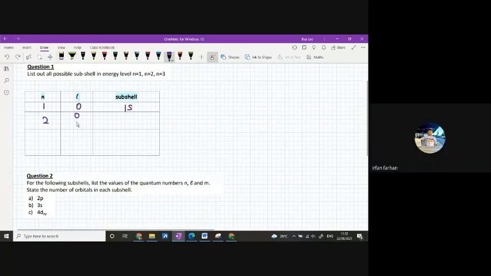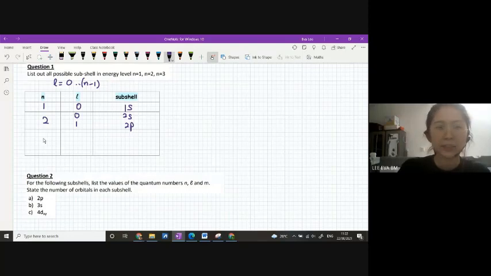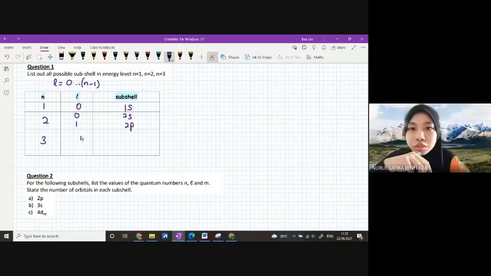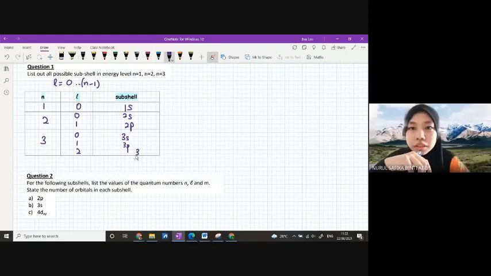No. 2 tak boleh sebab dia akan sampai N tolak 1 sahaja, 0 sampai N tolak 1. So in this case, we have our 2S and also 2P. And if N equals 3, what are the possible values of L? 0, 1, 2. We have 3S, 3P, and 3D.